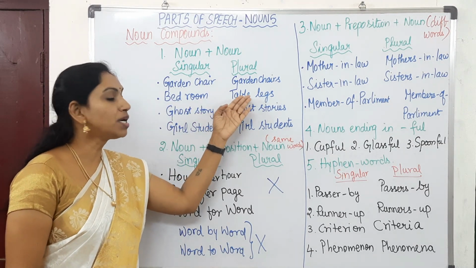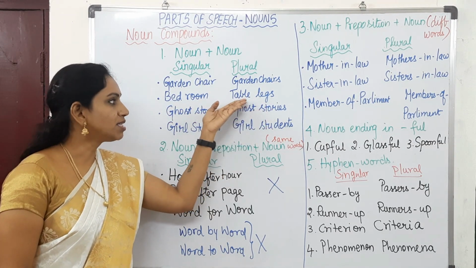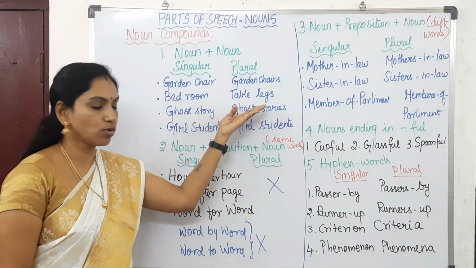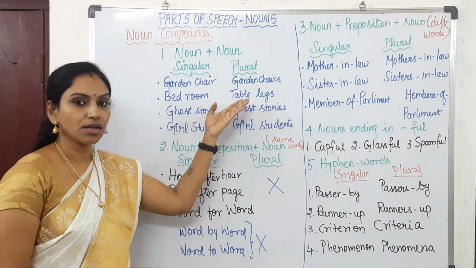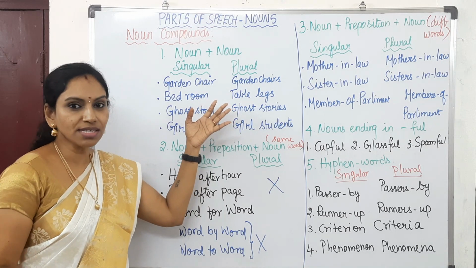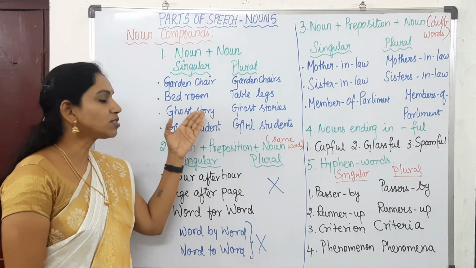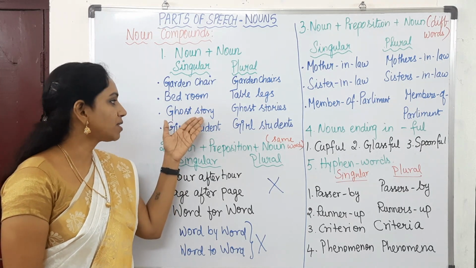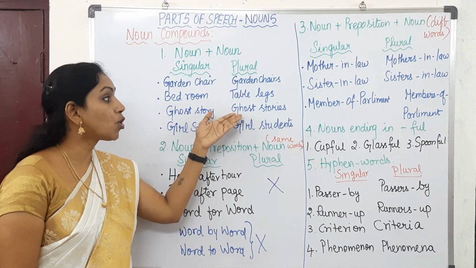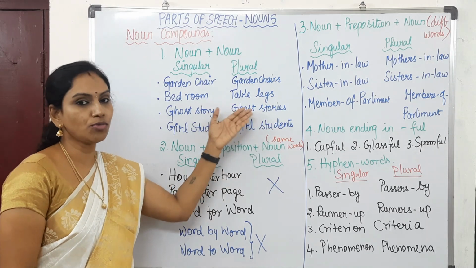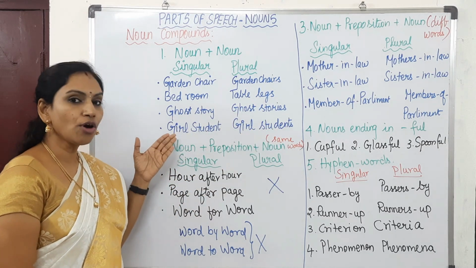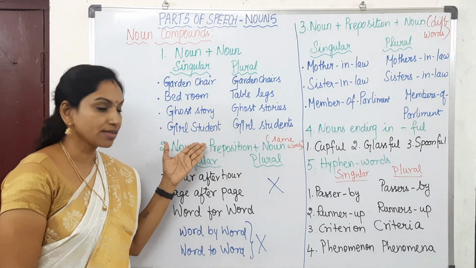Here, table legs. Table is a noun. Legs are a noun. So, this is plural. Table's legs, you can't say like that. So, table legs. Next, ghost story. The same thing can be said in plural, ghost stories. Noun plus noun. Singular form, girl student.